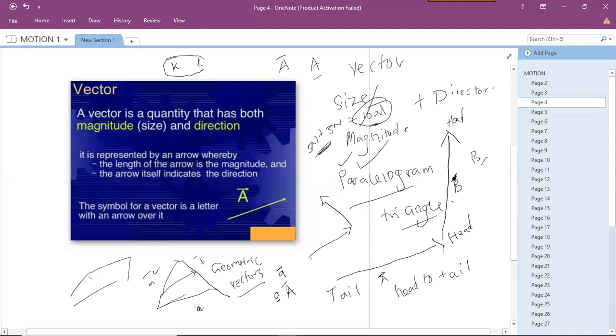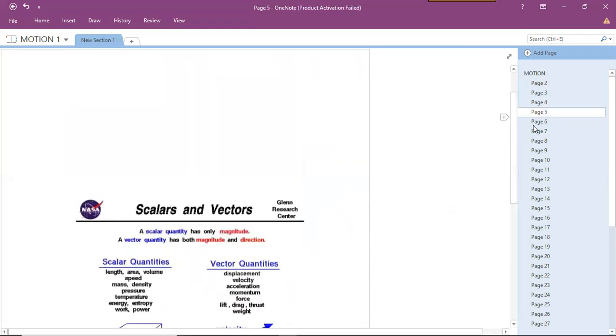You can add them directly like this if they are going in the same direction. If it's 5 newtons going this side, and another 5 newtons going this side, going in the same direction, head to tail, head to tail, you can say, all right, this is 10 newtons. But when they are going in different directions, you just can't say 5 newtons plus 5 newtons. Let me explain this further.